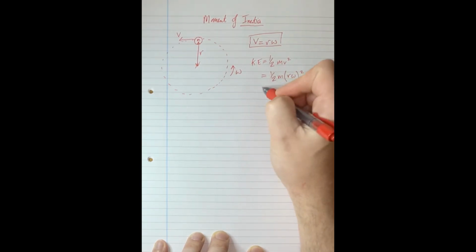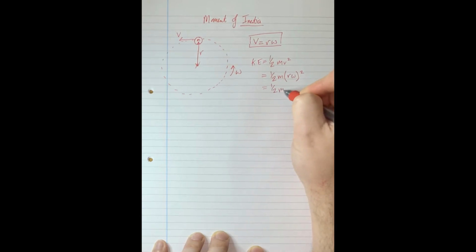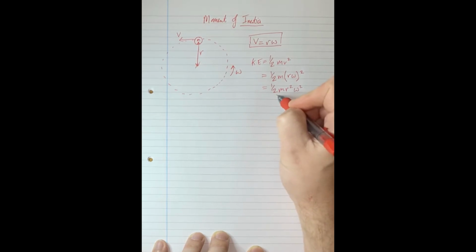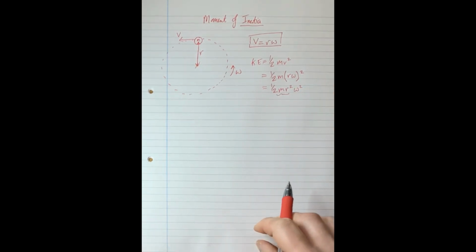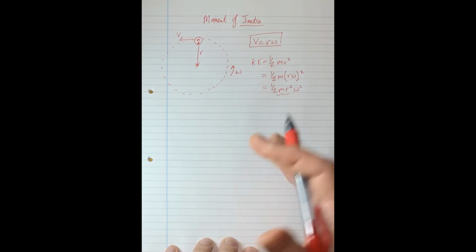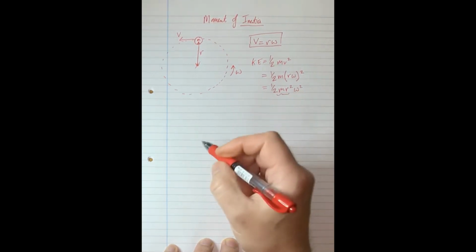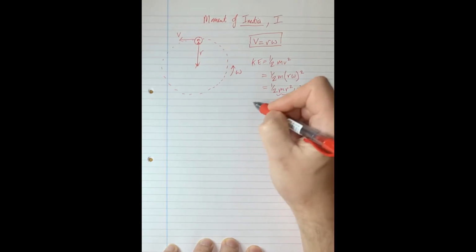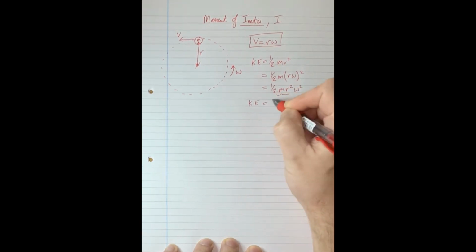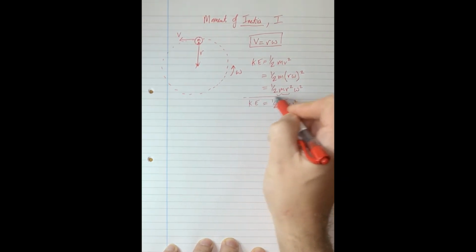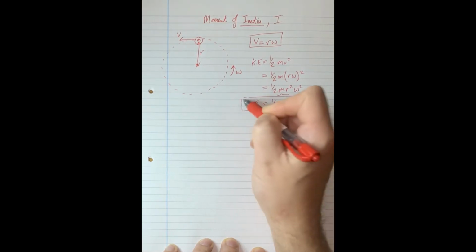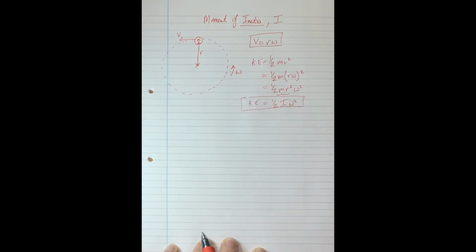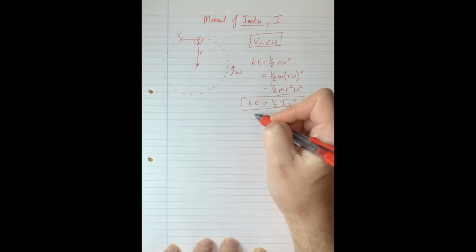If we square all that, we get half m r squared omega squared. And it's this term, m r squared, that we call the moment of inertia, and it's given the symbol capital I. So kinetic energy is half I omega squared. That's the equation for kinetic energy in terms of rotational motion.